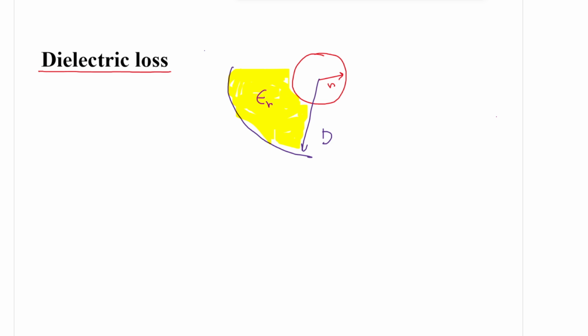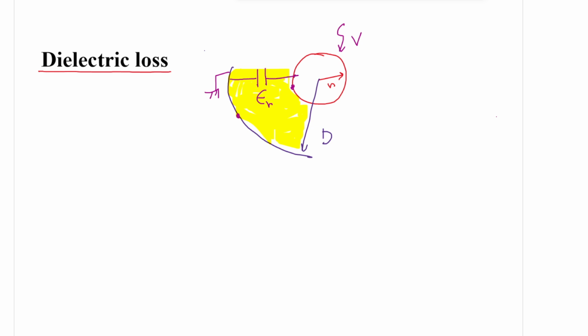Now ideally, as you can see, a voltage V is given and this is grounded. So this surface and this surface are separated by a potential difference, and you can think of this model as a capacitor.